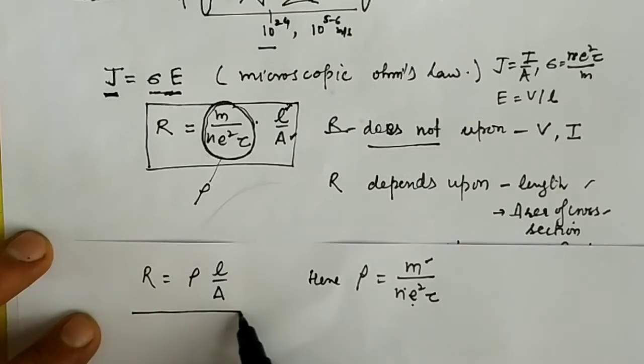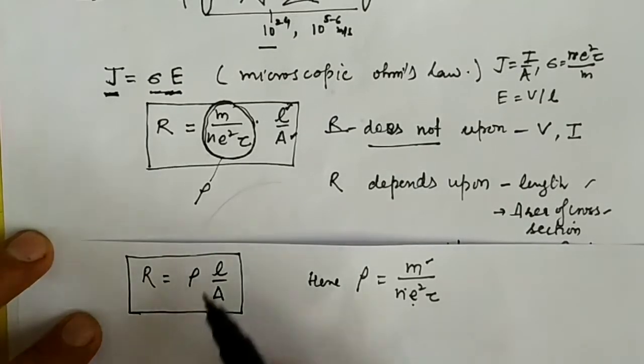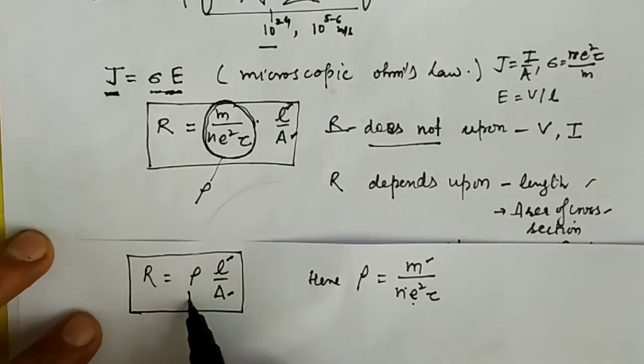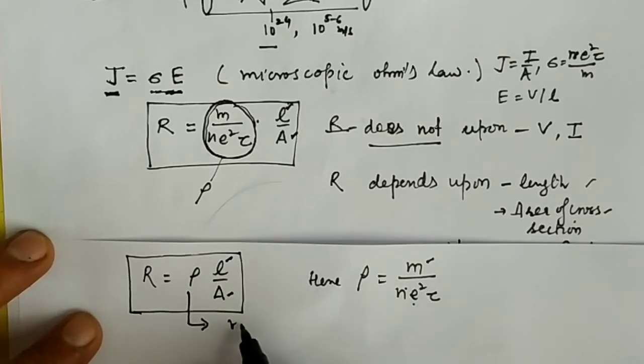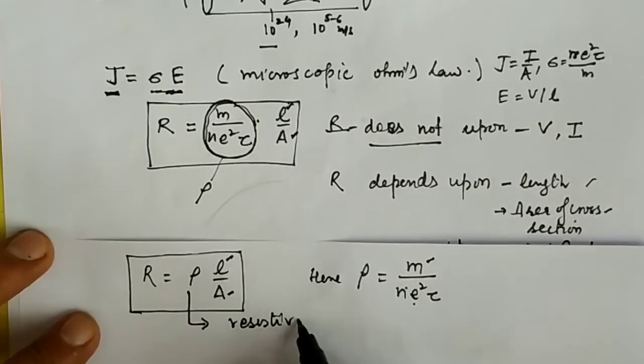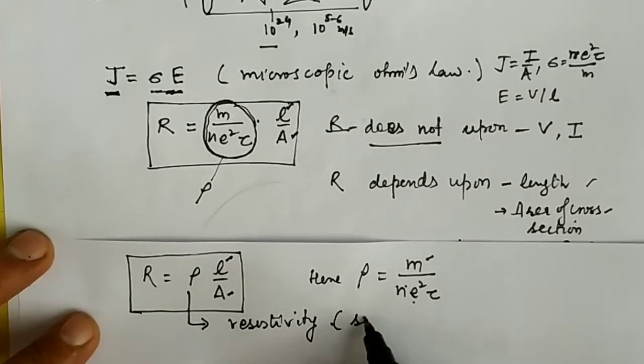So the resistance depends upon three things: length and area, which we have already discussed, and the new term which comes here, known as resistivity, or also called specific resistance.